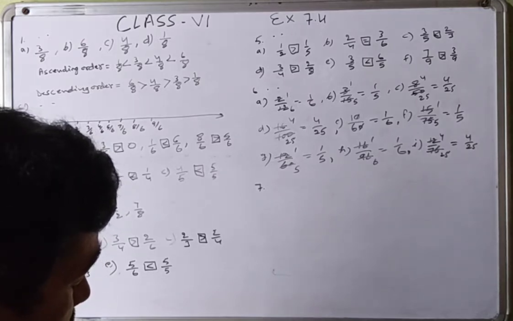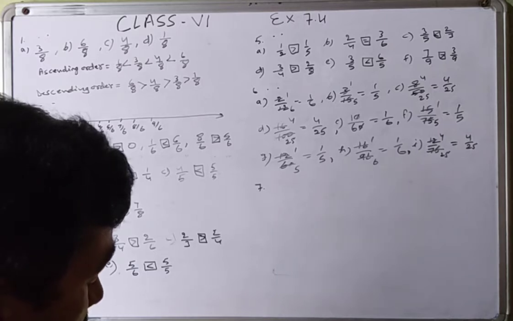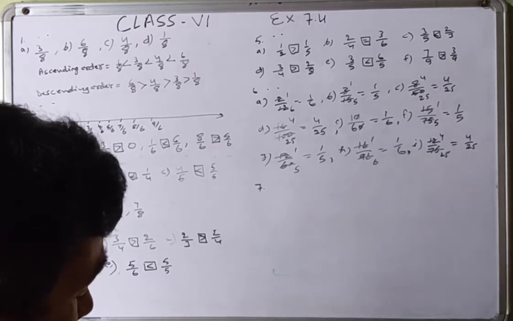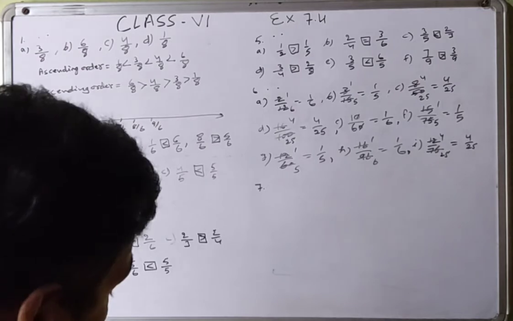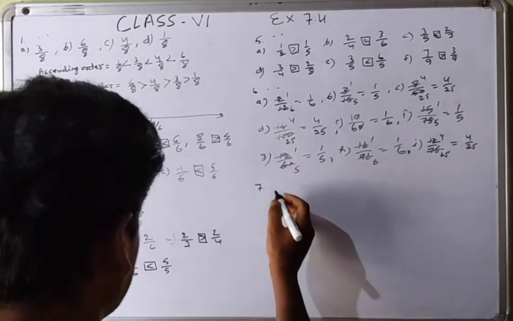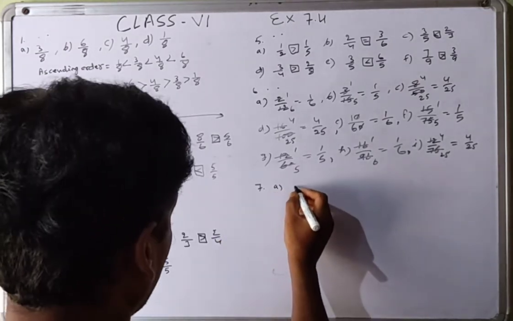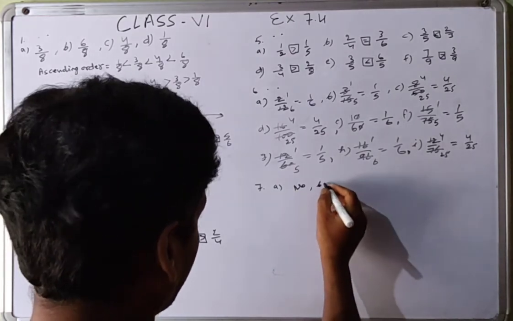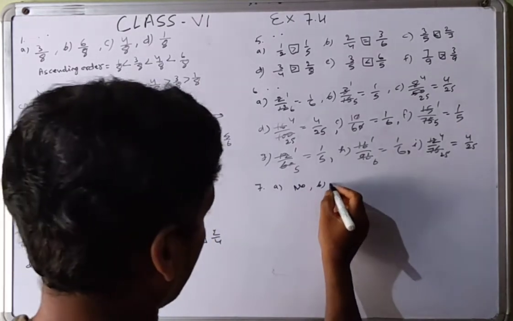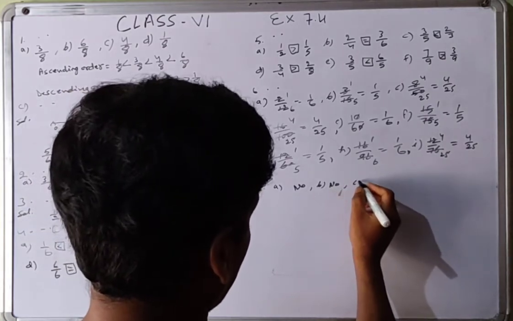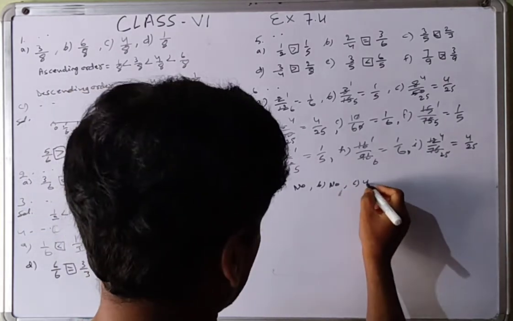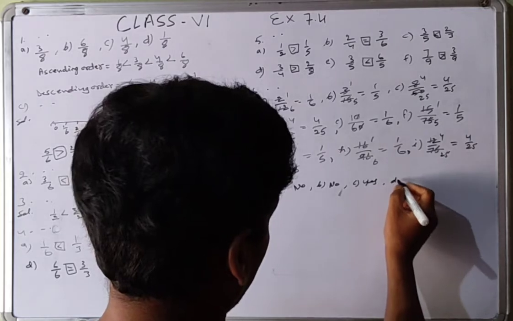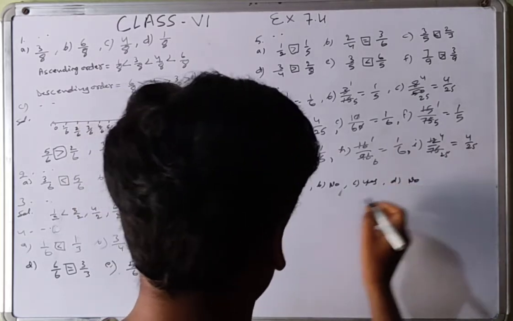No, because if we cancel the 4 upon 30, it becomes 2 upon 15. So 7th part, A, no. B, that is also no. C, yes. D, no.